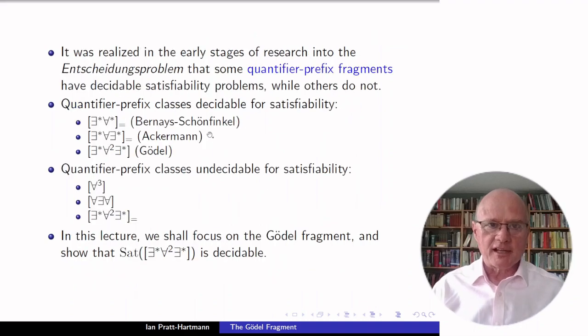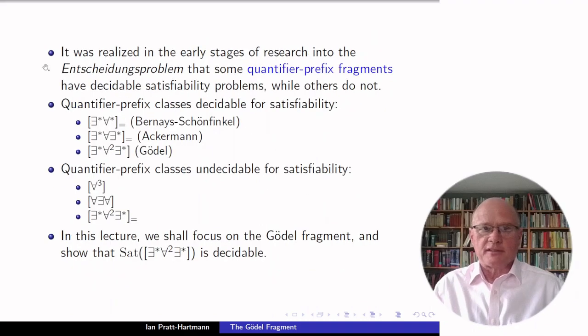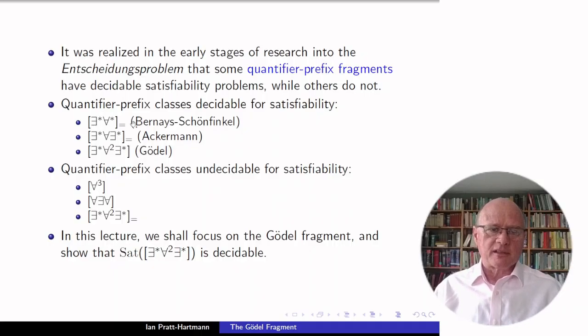It was realised in the early stages of research into the decision problem, or the Entscheidungsproblem, that some quantifier prefix fragments have decidable satisfiability problems, while others don't. Here are three examples of quantifier prefix fragments for which the satisfiability problem is decidable.